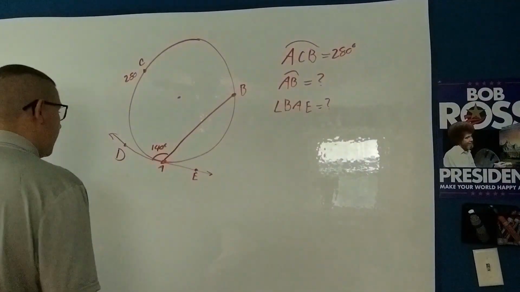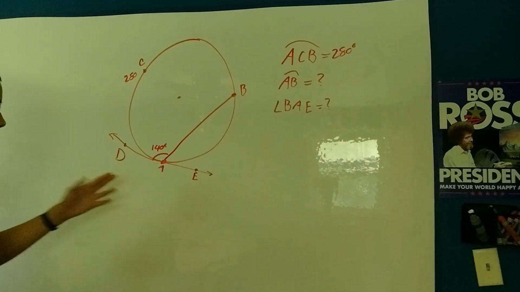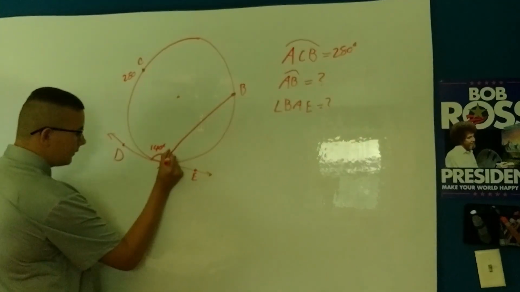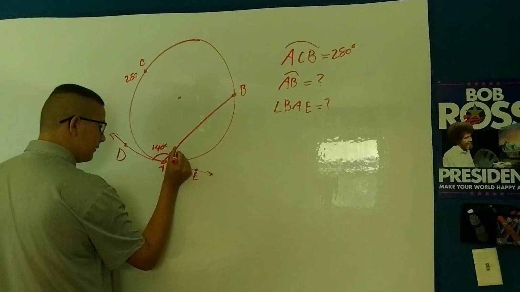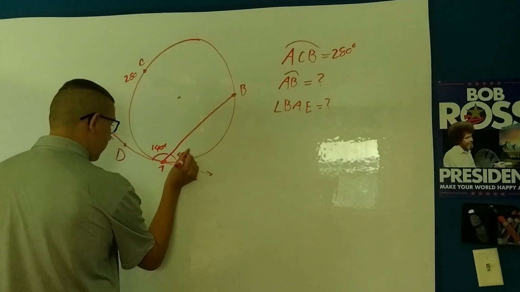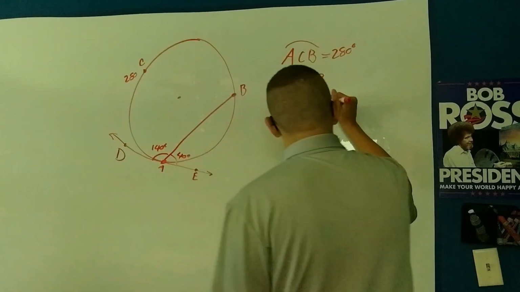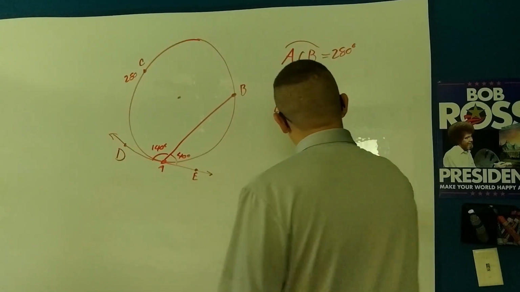Next we want to find this right here. Well, these are supplementary, so we can do 180 minus 140, and we get 40 degrees for that one. You can put that here as 40 degrees.